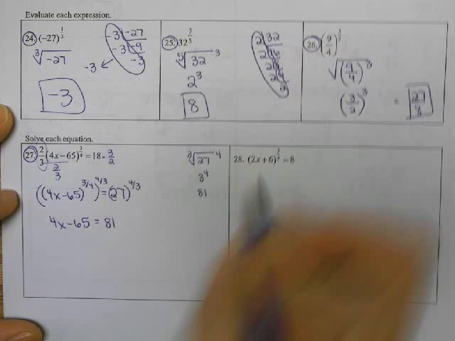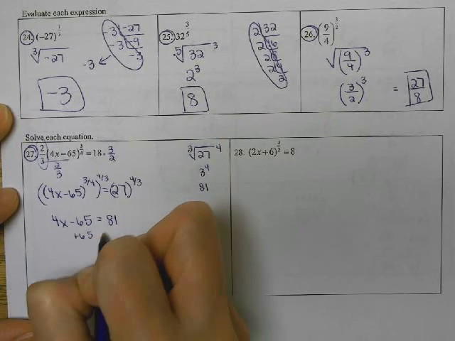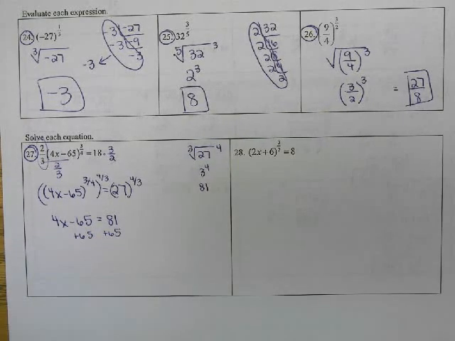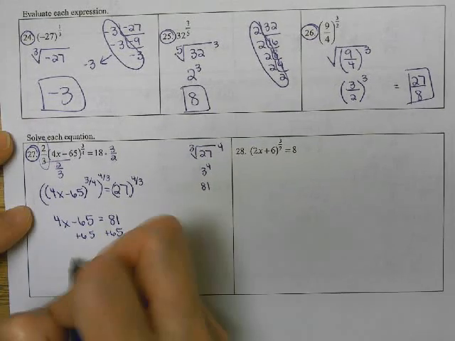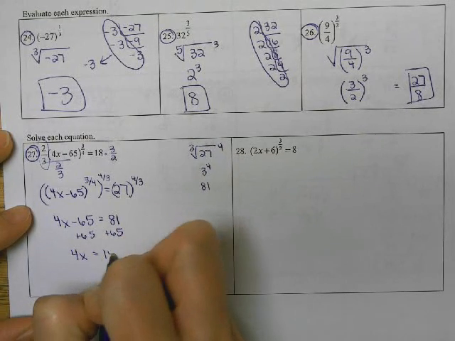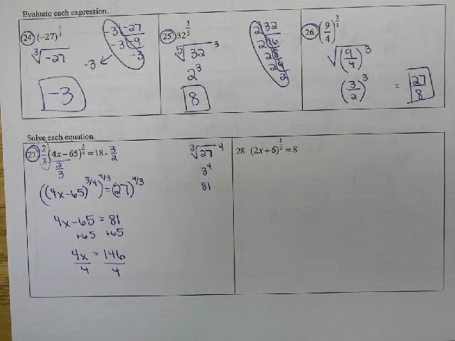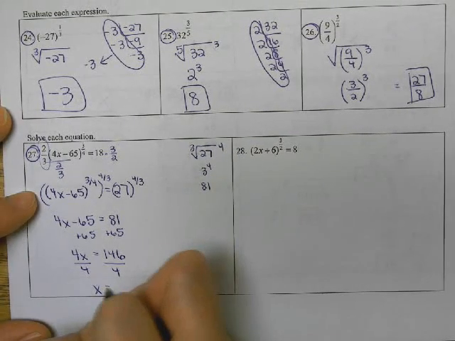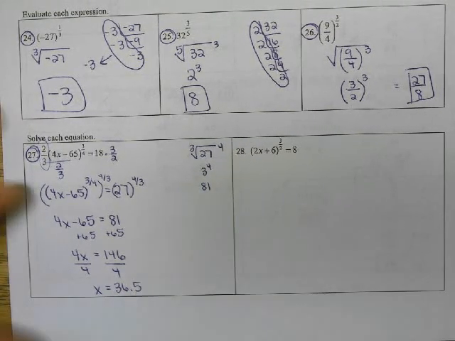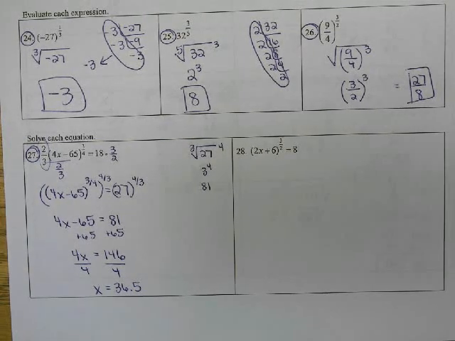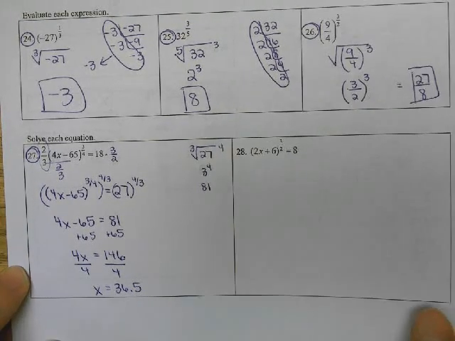So we'll do that. Okay. Now add 65. So I get 4x equals 146. Divide by 4. And I'm going to get 36.5. Okay? Alright, 28 is really similar.